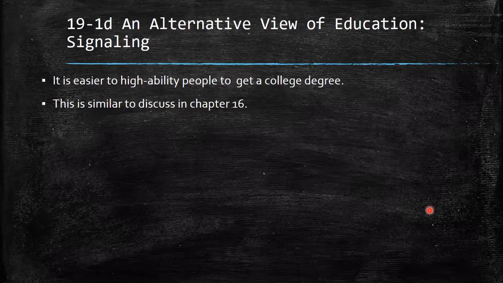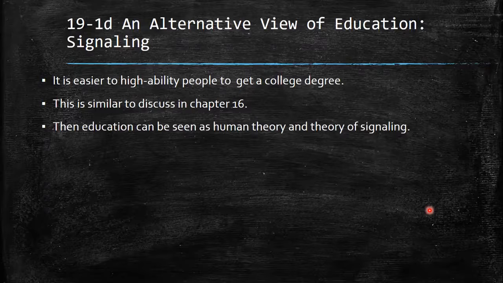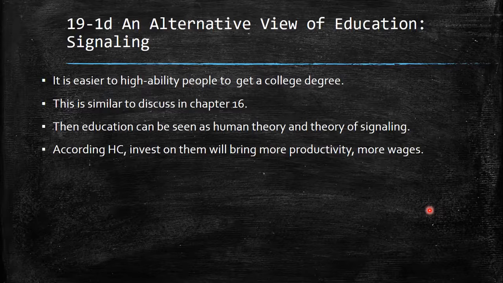So maybe it could be the same, because education can be seen through human capital theory and the theory of signaling. This guy got a diploma, so this guy made an effort, this guy could be smart, and this guy can learn better than another person who maybe doesn't have a diploma.